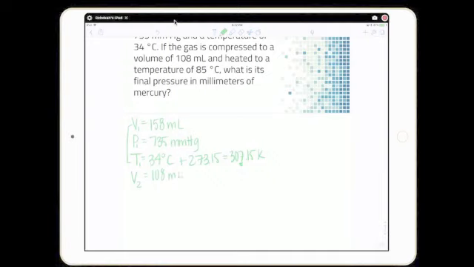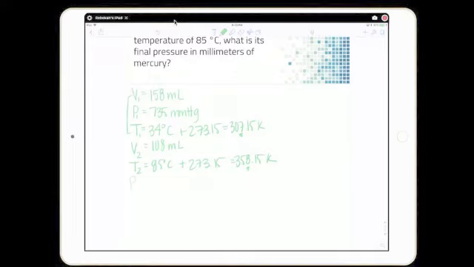They tell me it's heated to a temperature, so this is a new temperature, 85 degrees C. I'm going to add my Kelvin, 273.15 plus 85. 358.15 Kelvin. Again, the 8 is significant. And then they say, what's the final pressure in millimeters of mercury?